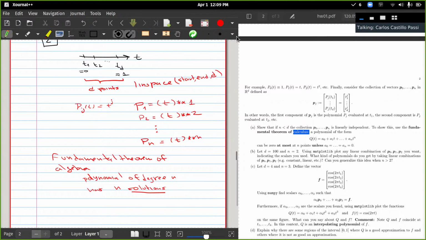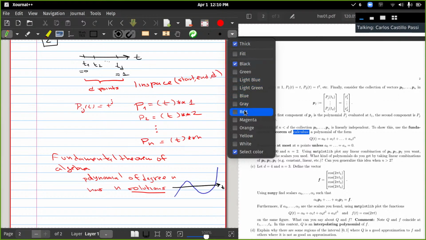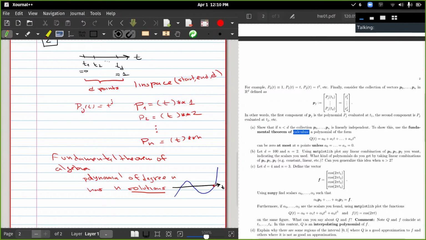So for example, if I have a polynomial, let's say something like this, and this is t, the solutions are this point, and this point.